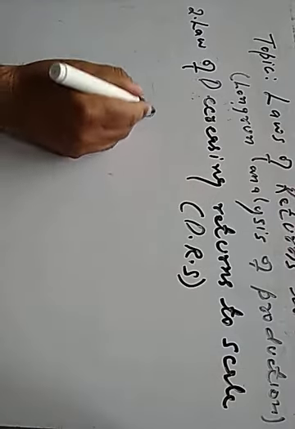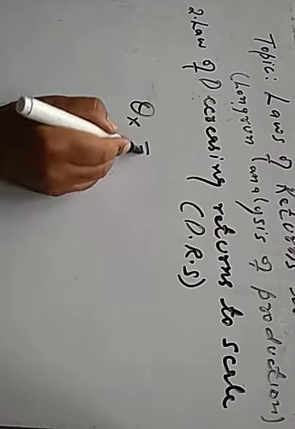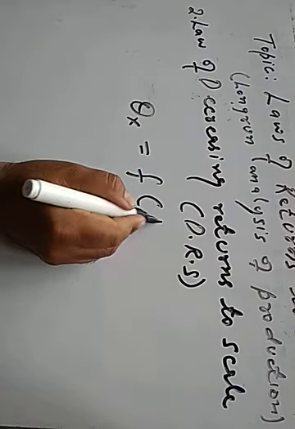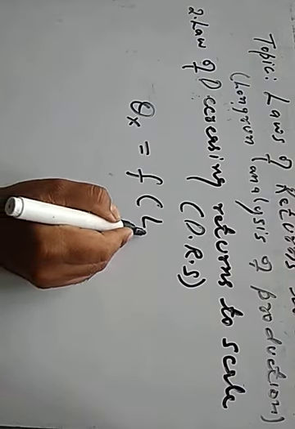We will give some example with the help of production function. If QX is the level of output, the quantity of X commodity produced with the help of labor and capital.